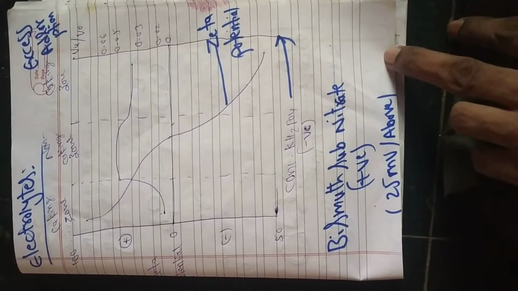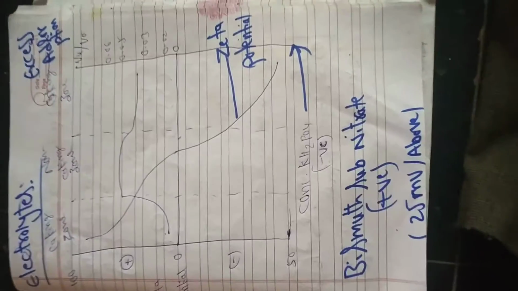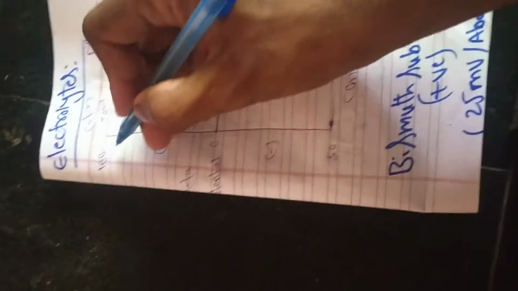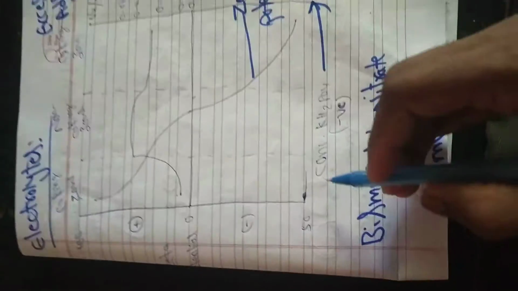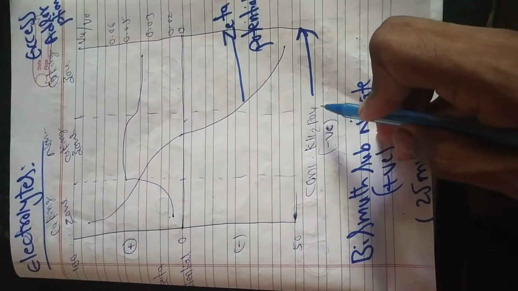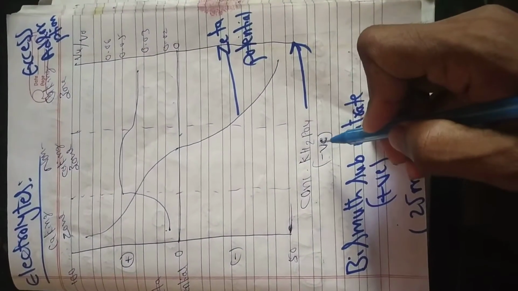The graph shows zeta potential on the y-axis and the effect of electrolytes on the x-axis.